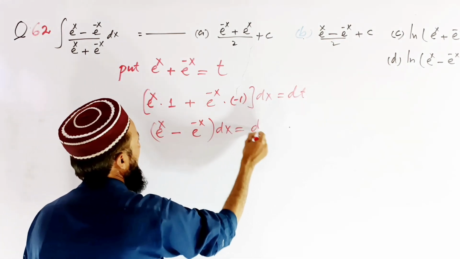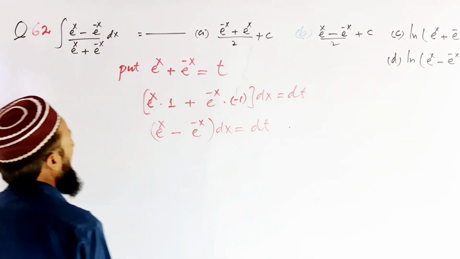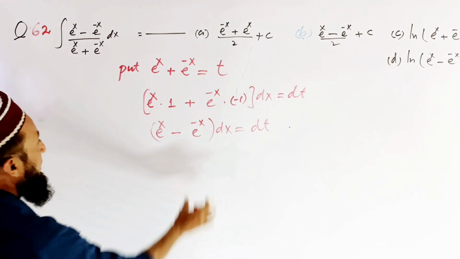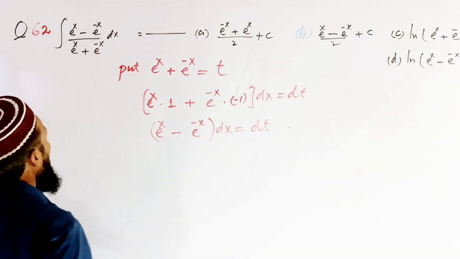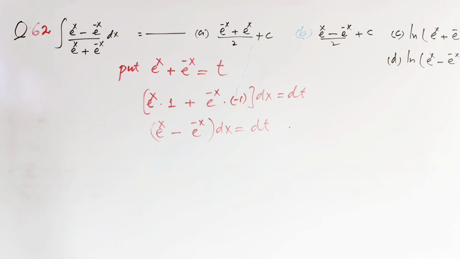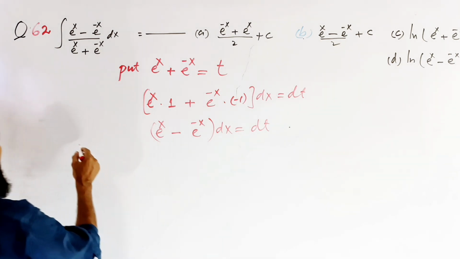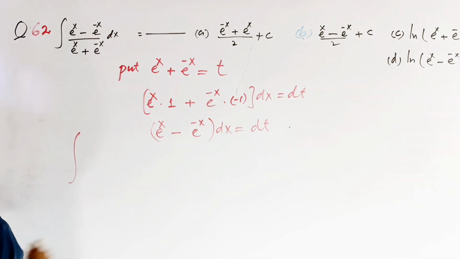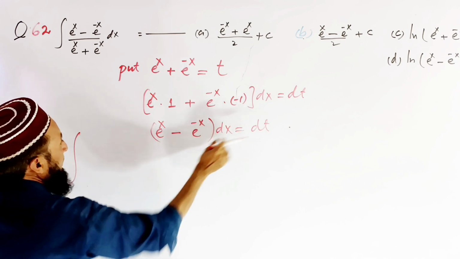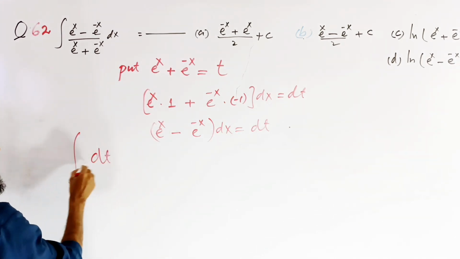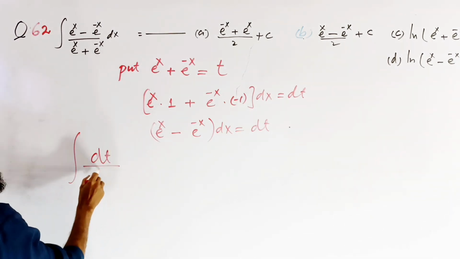Now look here, if this result is available as the derivative of this function, we can substitute the result: we can put dt divided by t.